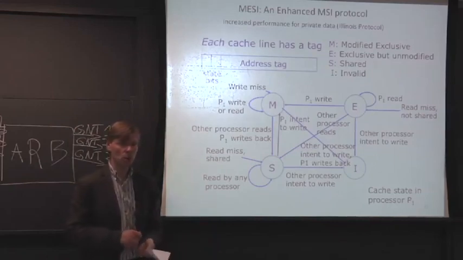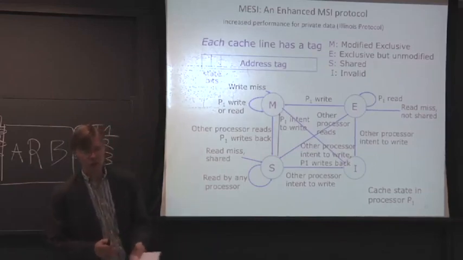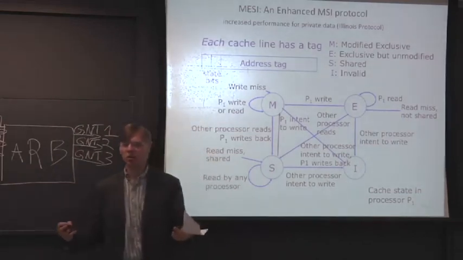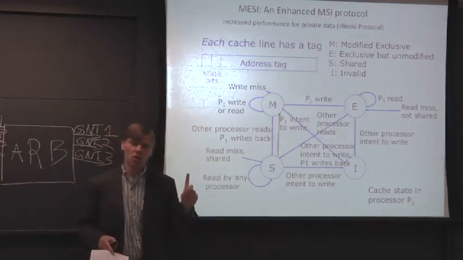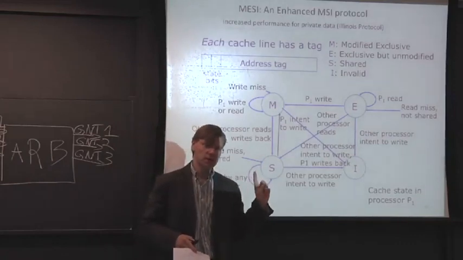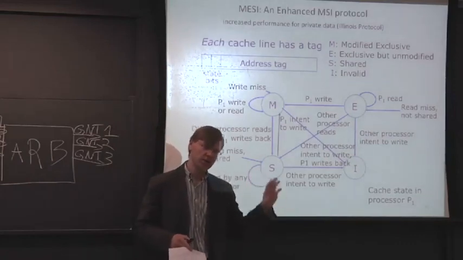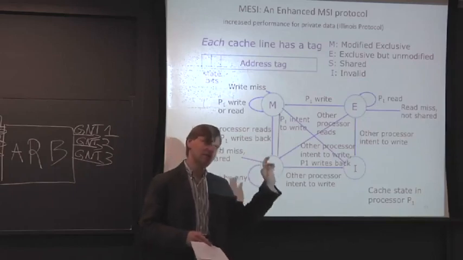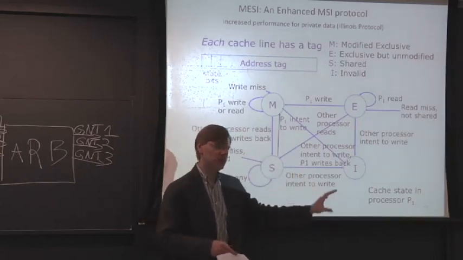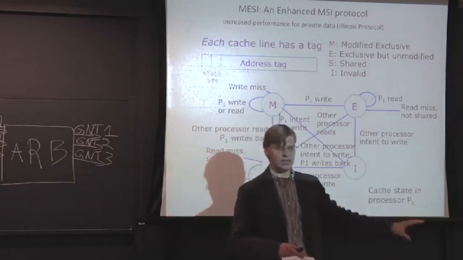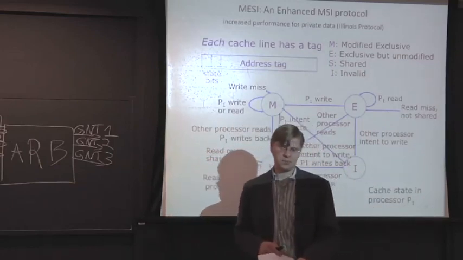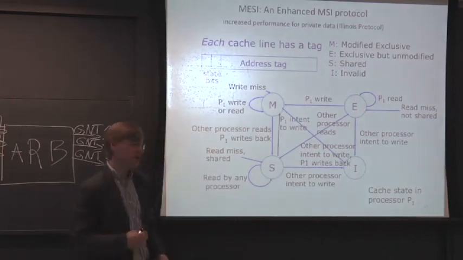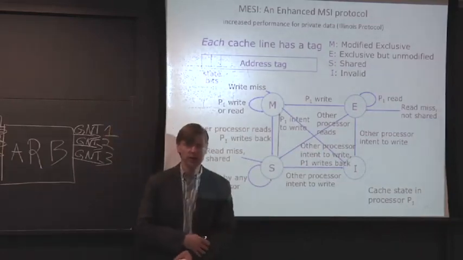Now, what invariants do we have? Well, we said in the MSI protocol that you can only have one line in the modified state in one cache at a time for a particular cache line. So is there something similar here?